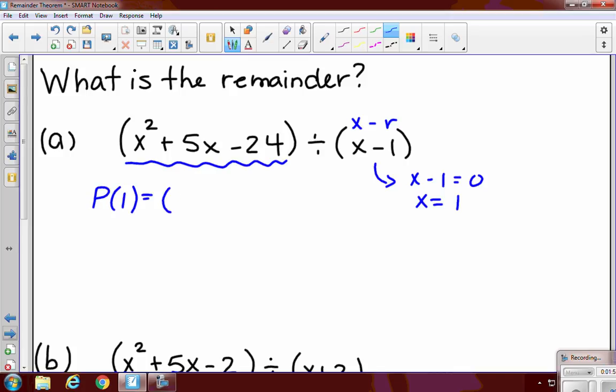That's basically 1 squared plus 5 times 1 minus 24. We should be able to do this in our head, or you can go to your calculator and figure it out. But basically, if I crunch this out, I would have a value of negative 18. So the remainder, if I were to divide these, would equal negative 18.